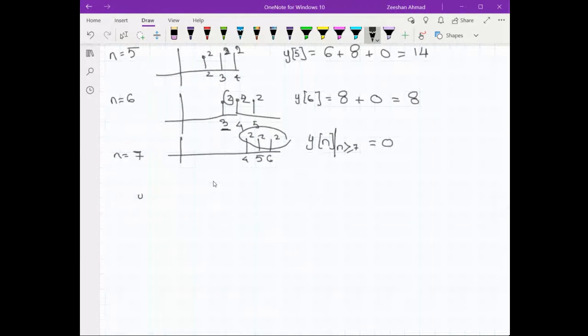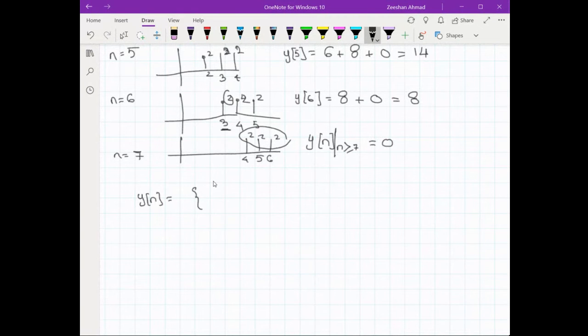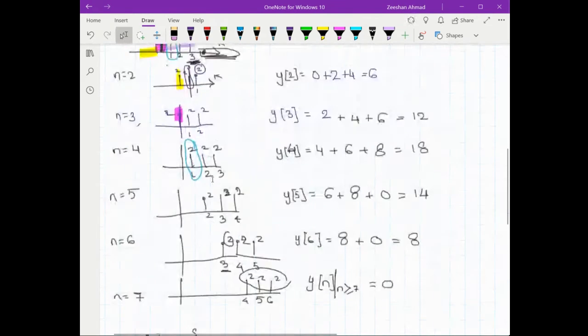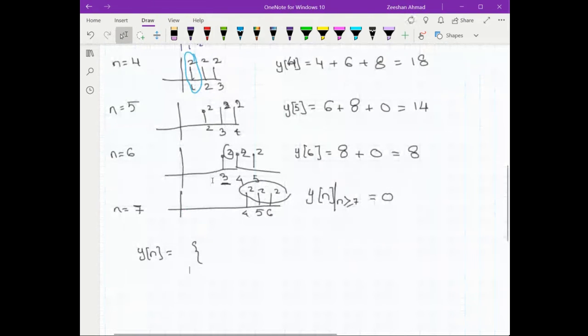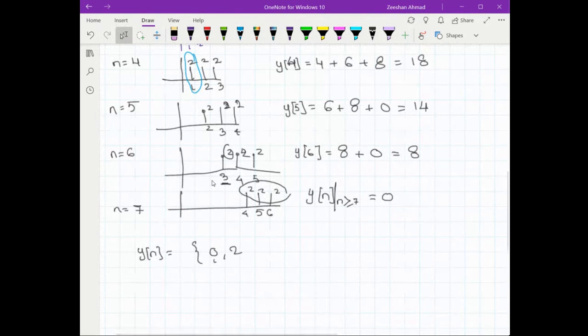So let me write it in the sequence form. So I can say y of n will be equal to, my first value at 0 is basically 0, then 2. Then at 3, the sample is 6.